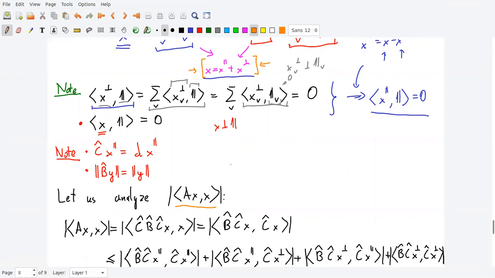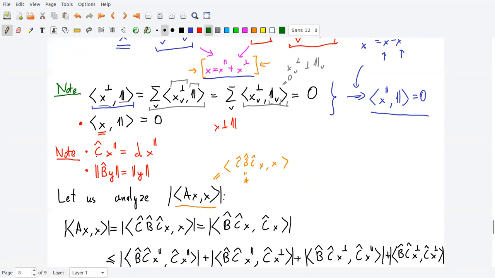This is necessary for getting a bound on the spectral gap of the operator A. Recall that this is the same as C hat B hat C hat, because this was equal to A times X, cross product X. When we do this, we will in a moment apply this decomposition into orthogonal part and parallel part. But let's make 2 observations before we do it.